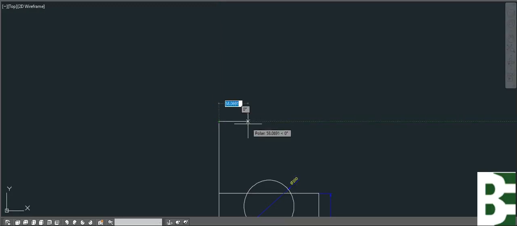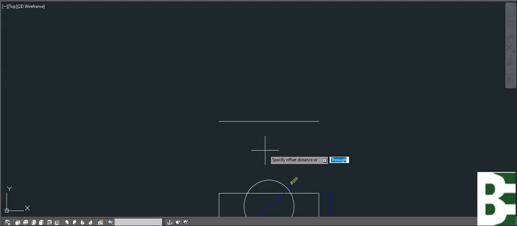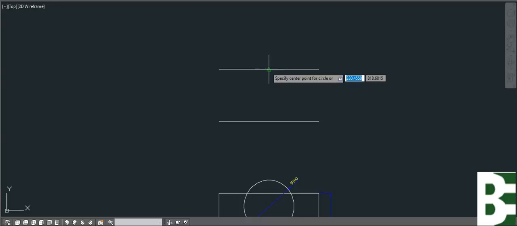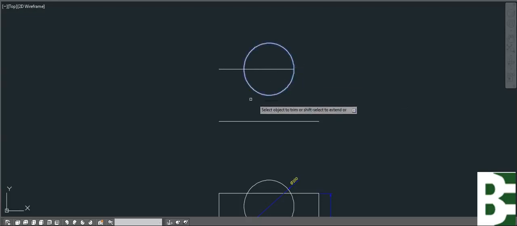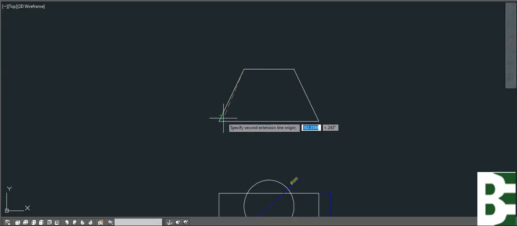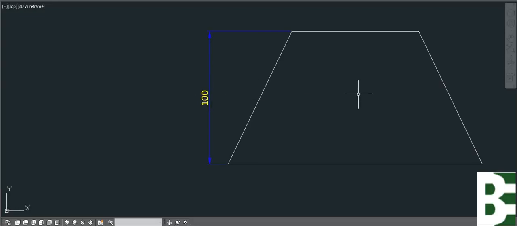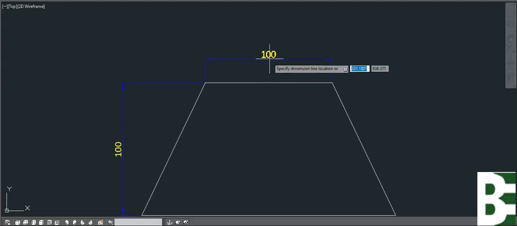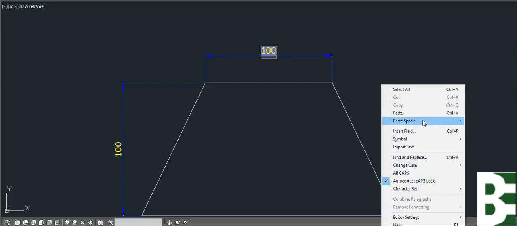And now I will draw the side view of my transition. As I mentioned, the height is 100 millimeter. This is my 100 millimeter, and from the top the diameter is also 100.